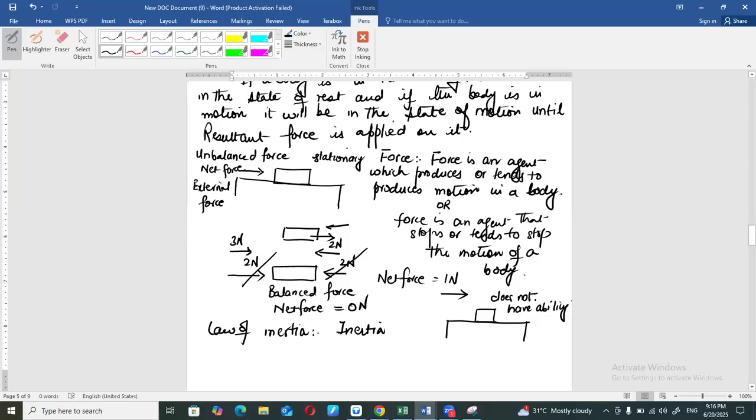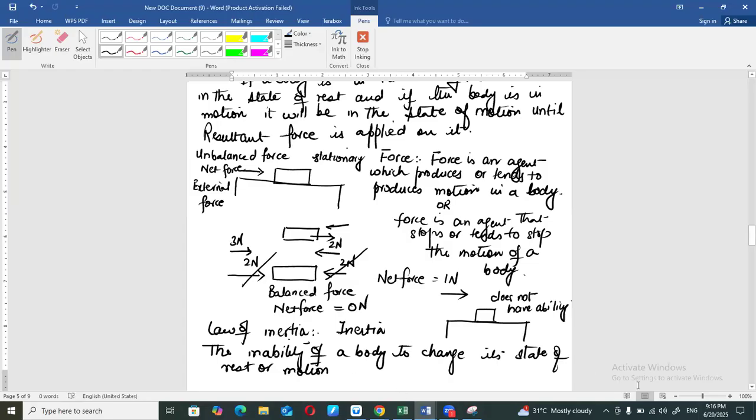So that inability of a body to change its state of rest or motion is called inertia.